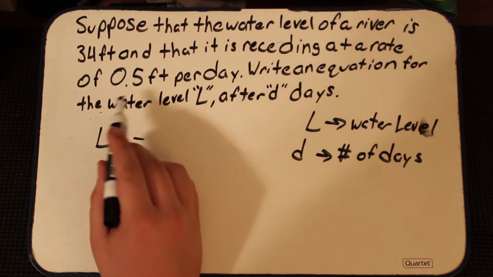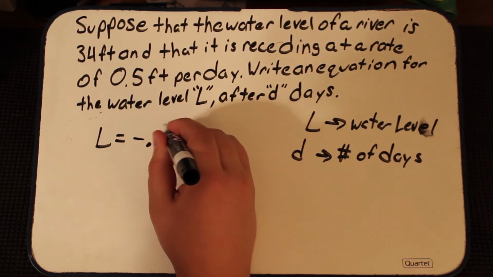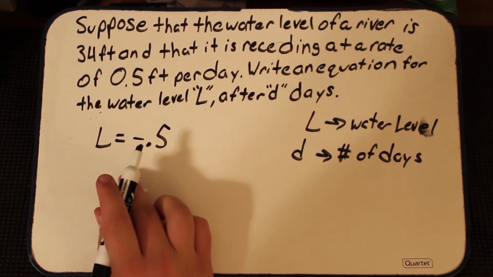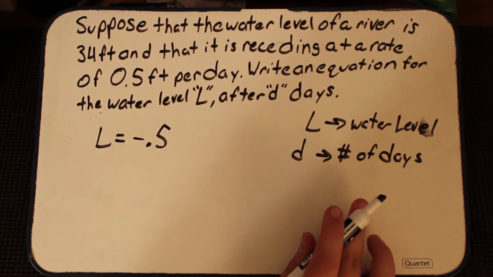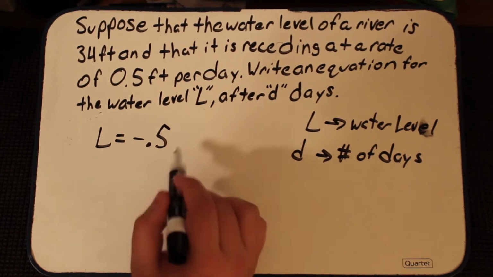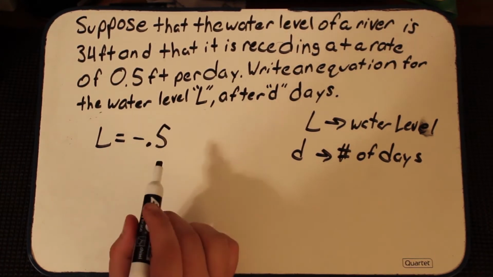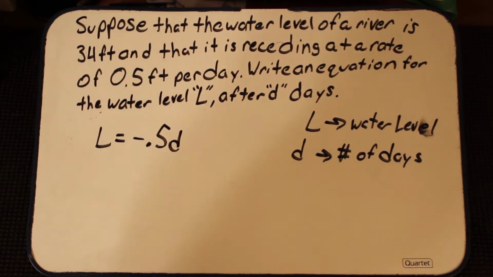We're losing 0.5 feet per day. So it would be minus 0.5 feet times the number of days, because we're losing that per day. So it would be multiplied by the number of days.